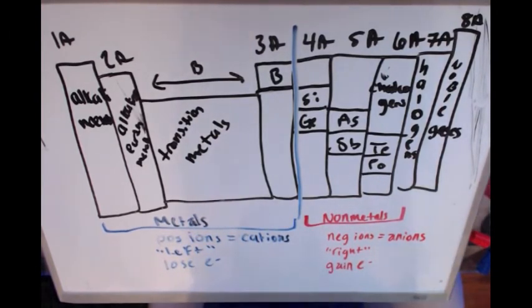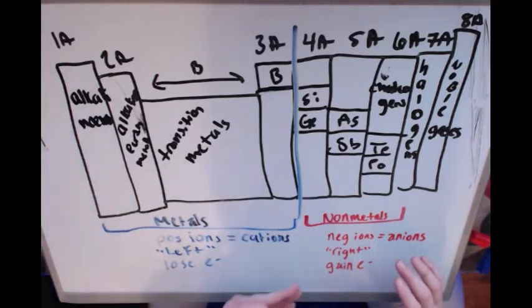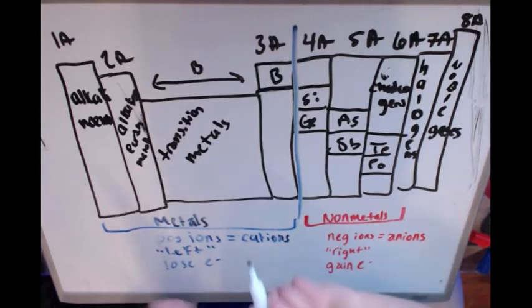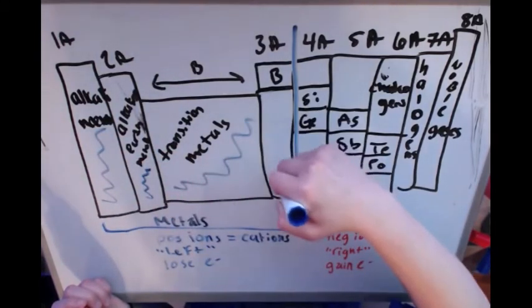So this is your basics of how, when talking about ionic and covalent compounds, to really look at the periodic table. I didn't draw everything in. That's not really necessary. What is necessary is to understand where the metals and nonmetals are located.